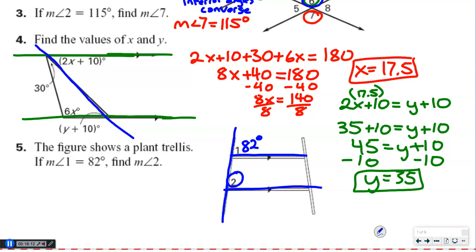So they're on the same side of the transversal, both on top of their respective parallel line. So they're in the same position on their line. So they are corresponding. We have the lines are parallel, and we know they're corresponding, so we know they're congruent. So the measure of angle 2 equals 82 degrees.